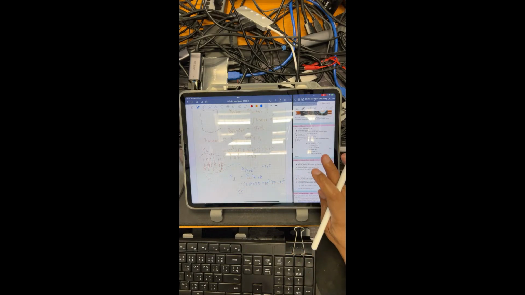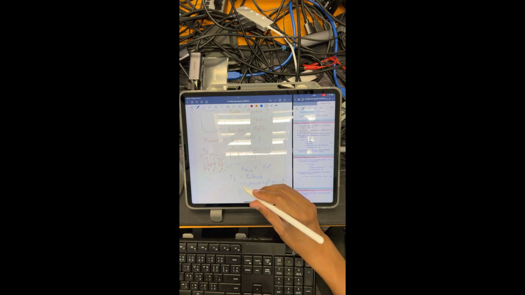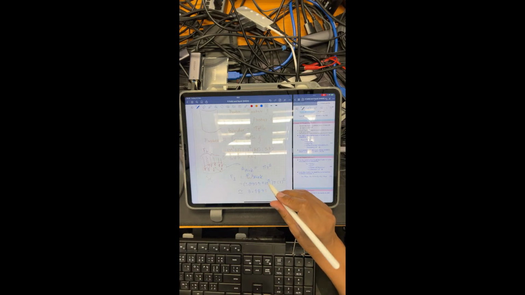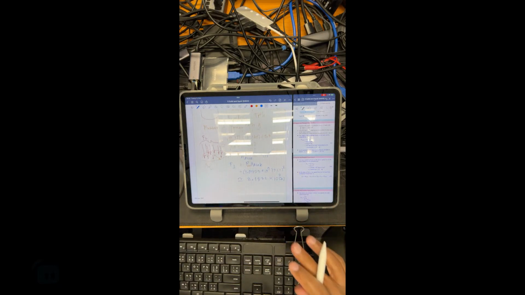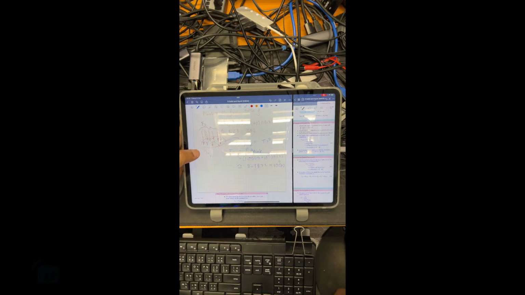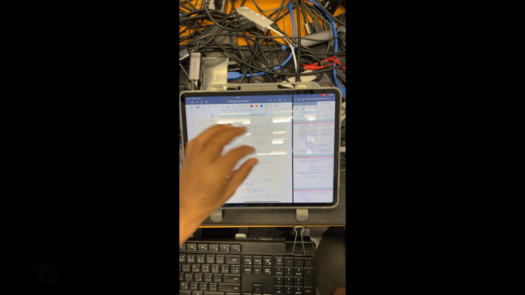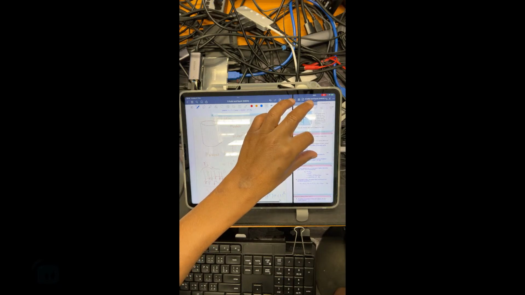You put it into the calculator, you're going to have F air, which is 3.1832 times 10 to the 5, and the unit for this is Newton. It's quite heavy.